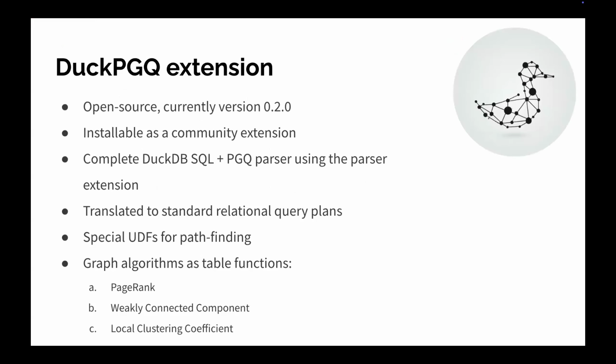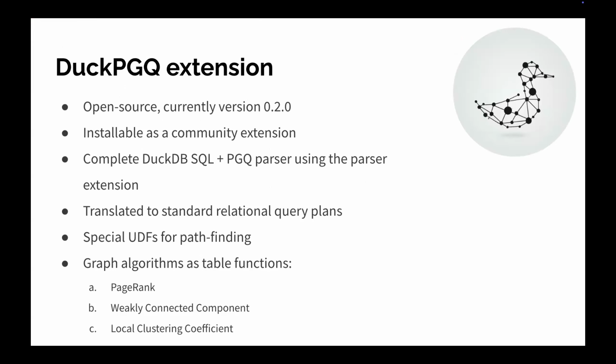So that brings me to the DuckPGQ extension. It's open source. The last version I released is 0.2.0, which adds support for creating a property graph over an attached database. So for instance, if you have data in your Postgres or SQLite databases, you can create a property graph over that in DuckDB and query those databases as well.